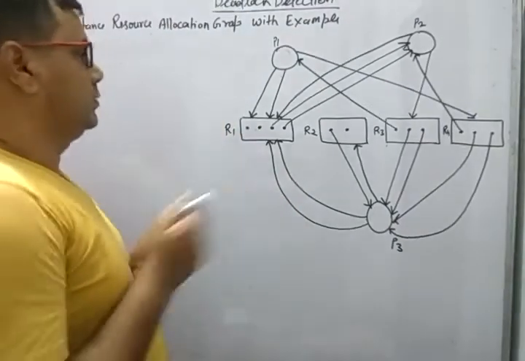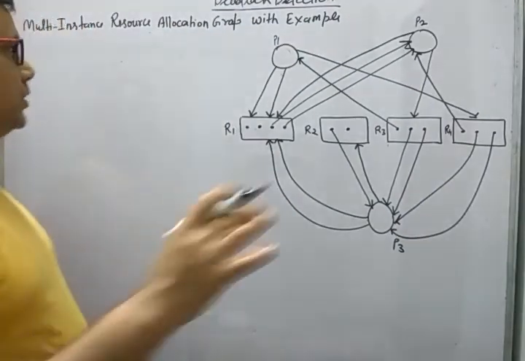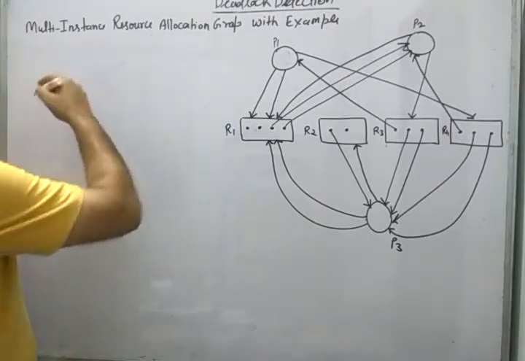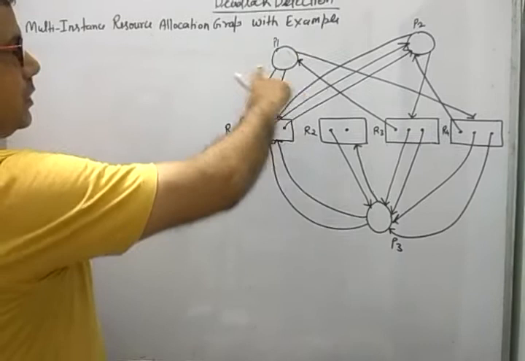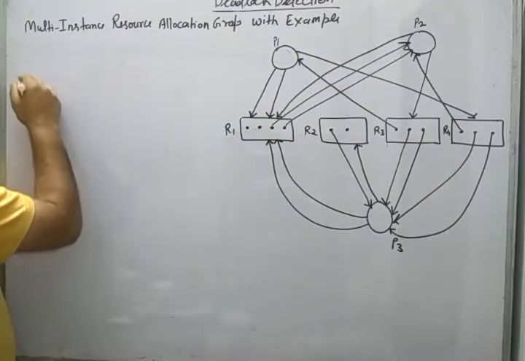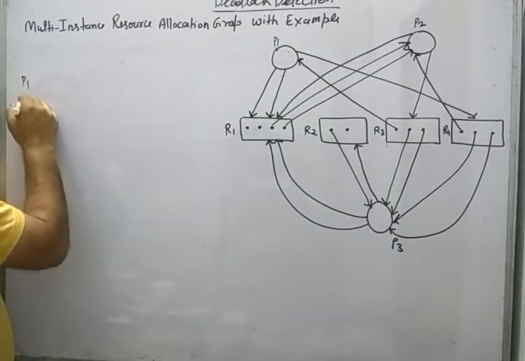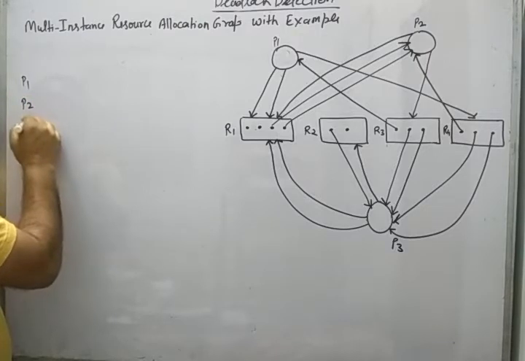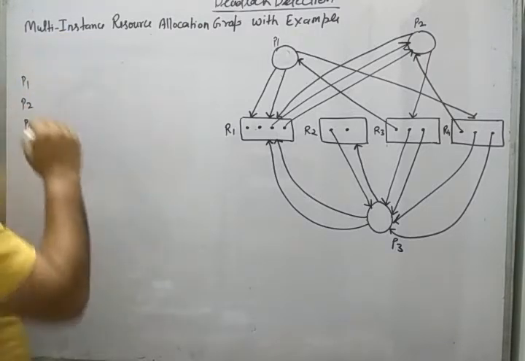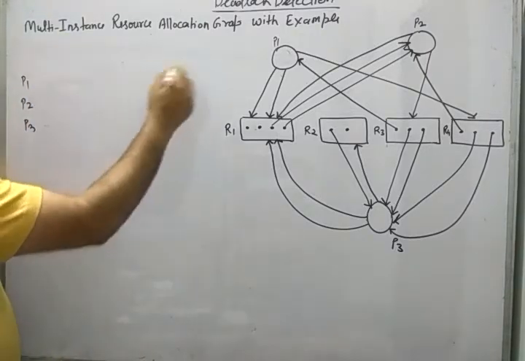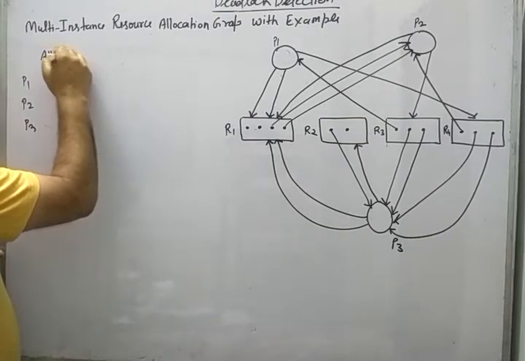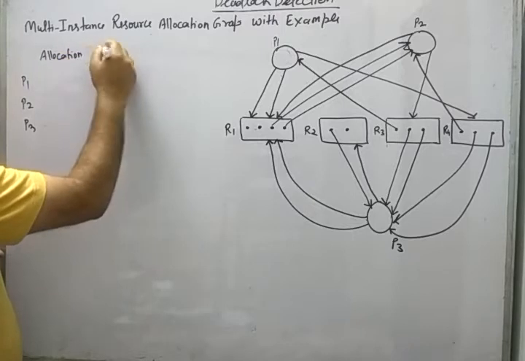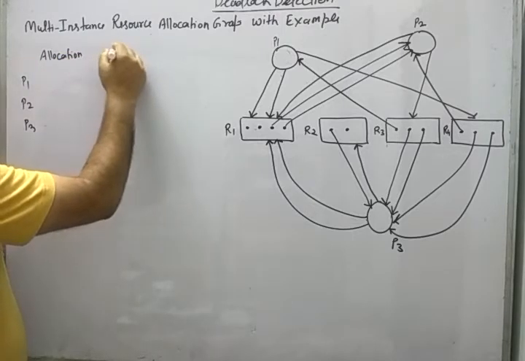Now we are going to prepare the table of this. First of all, how many processes are there? P1, P2, P3, there are 3 processes. And here we will make allocation and request.